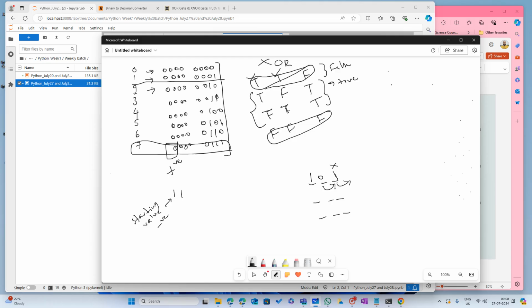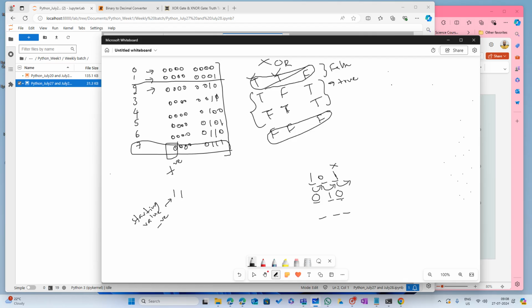0 is being moved to the unit place, hence you'll get 0 here. 1 is being moved to this place, hence you'll get 1 here. Now there is no number here to move, so a 0 is simply added. Is this understood? This is the first right shift. Yes, Sadik, yes.